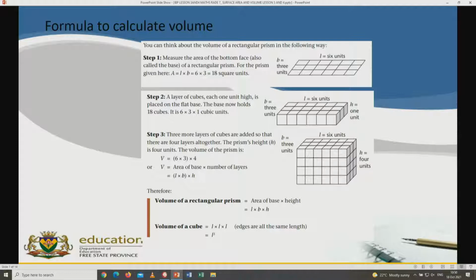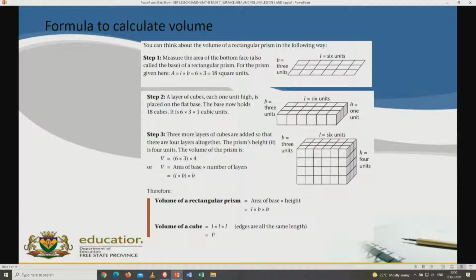A layer of cubes, each one unit high, is placed on the flat base from step number 1. And therefore, the height is of what? 1 unit. The base now holds 18 cubes.